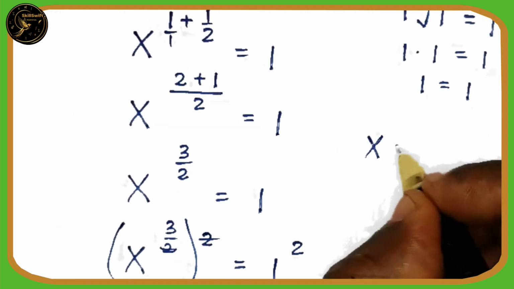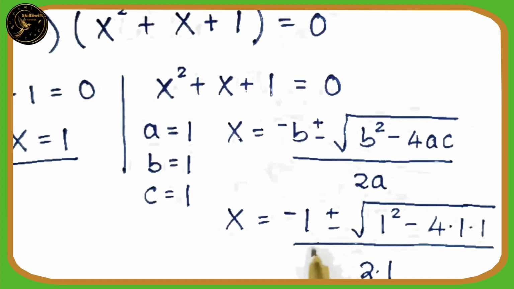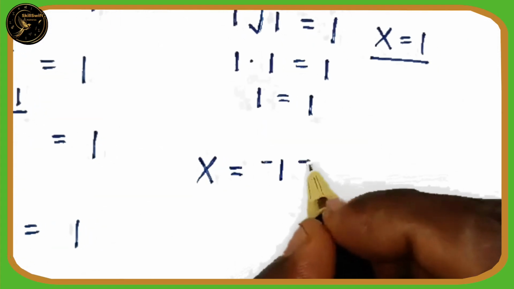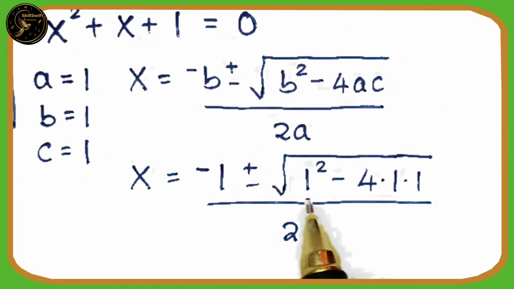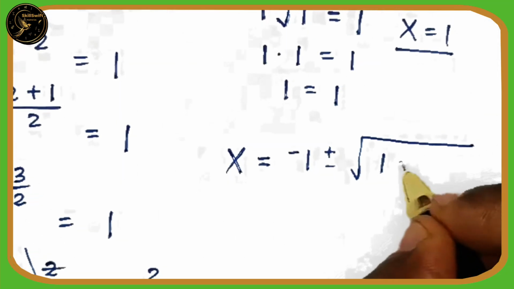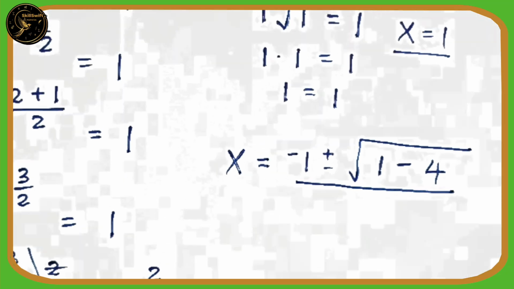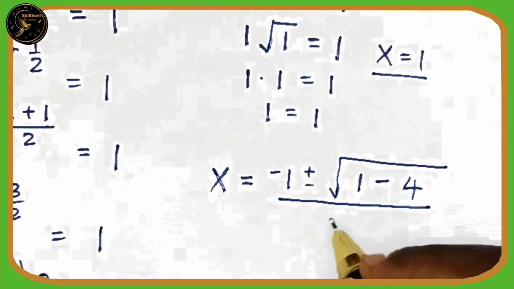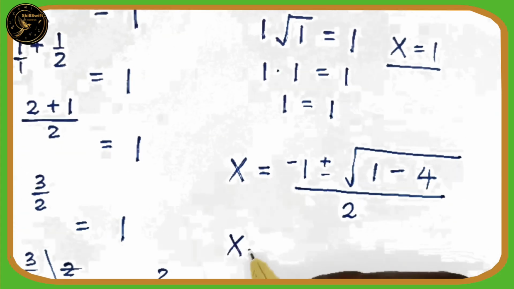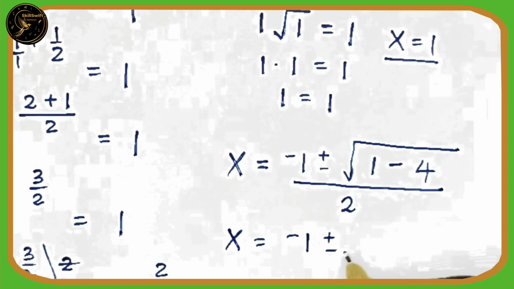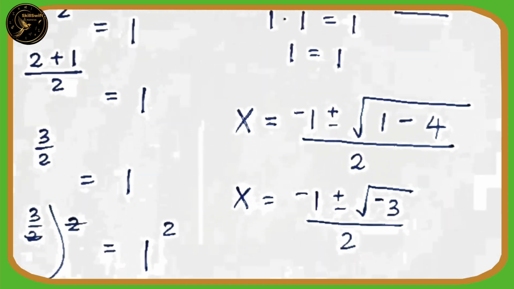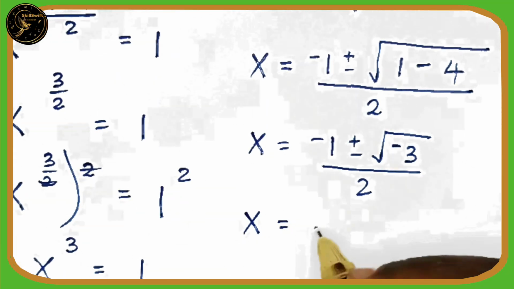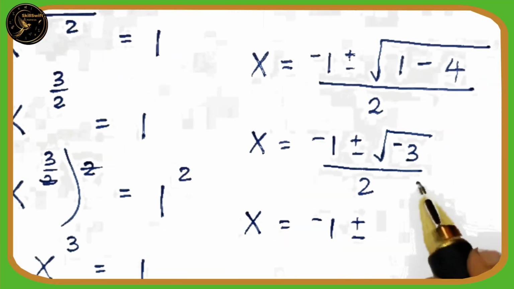So x is equal to -1 plus or minus the square root of 1 minus 4, which is -3, over 2.